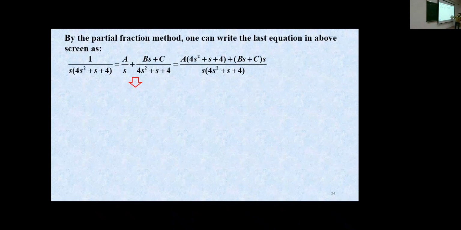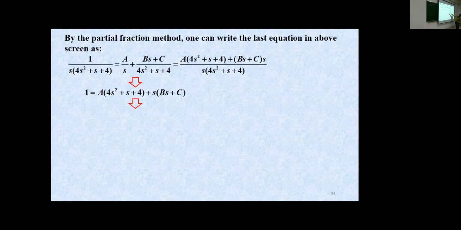The numerator here is like this, right? We get A times this, right? Plus what? B s times C times s, C. And the numerator here is 1.